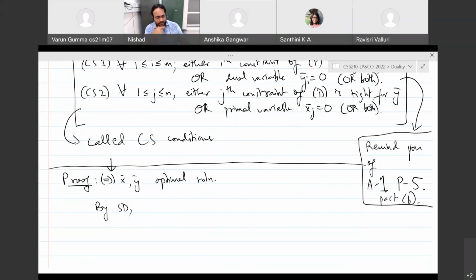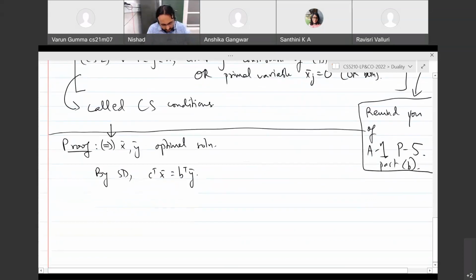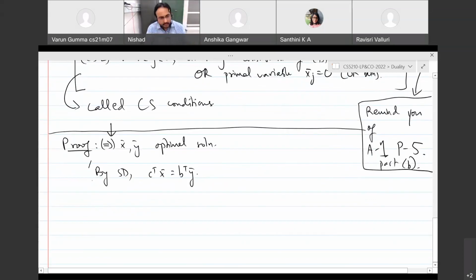C transpose x bar is equal to b transpose y bar. Okay, so we're going to make use of this. Let's just put this in brackets here. We'll come to it when we need it.